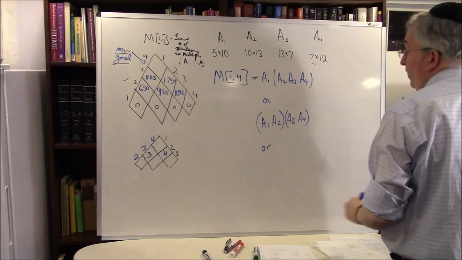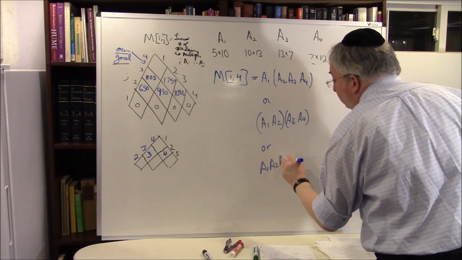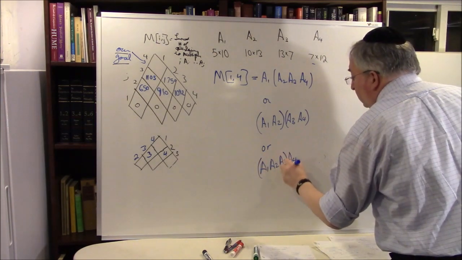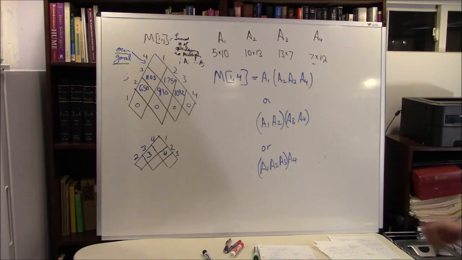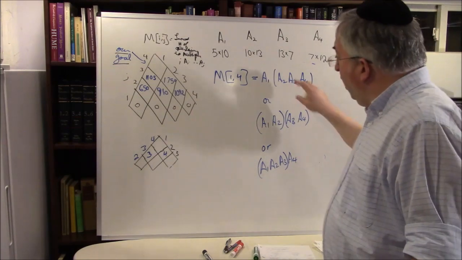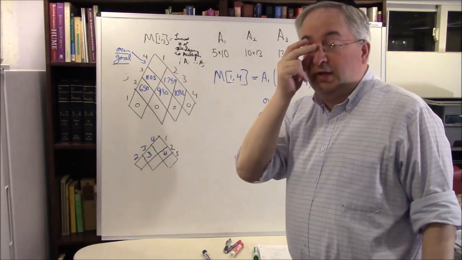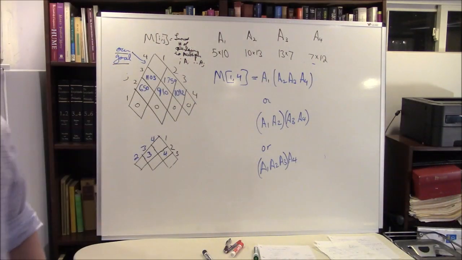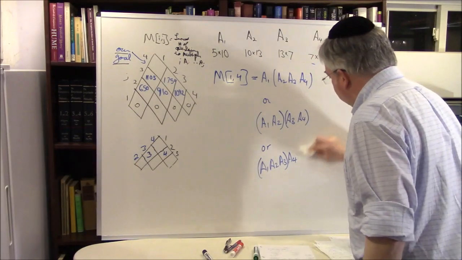Okay, A1, A2, A3, A4, and you do it like this. Okay, good. Now, the main point is, a lot of this information is already up there. So we're going to use the earlier information to find the answers to the later information, to the bigger question.